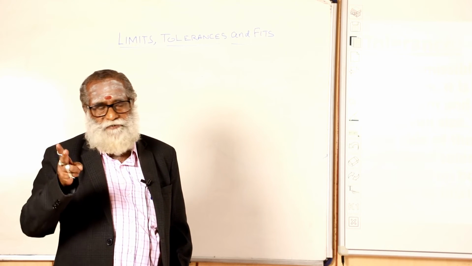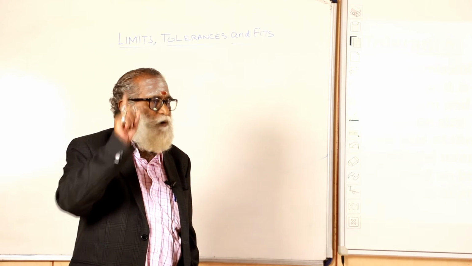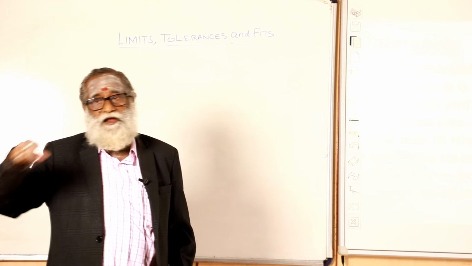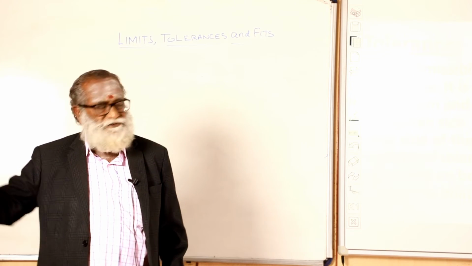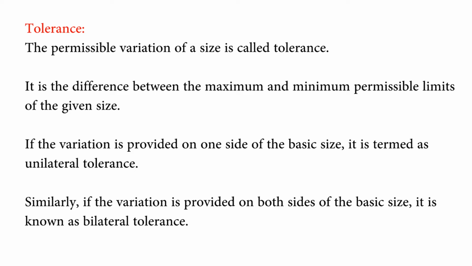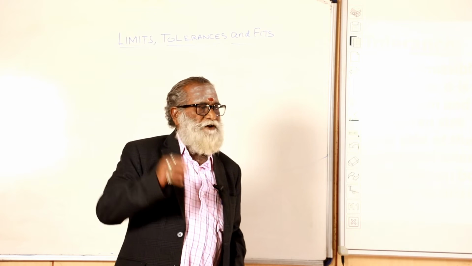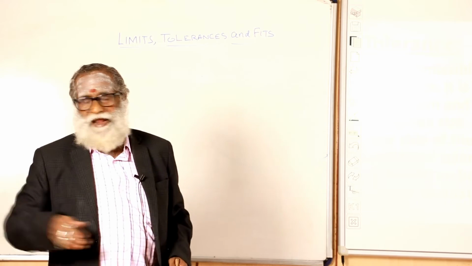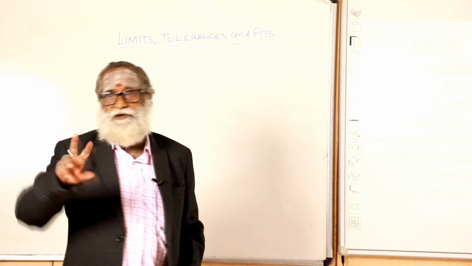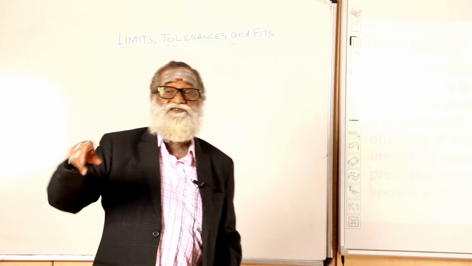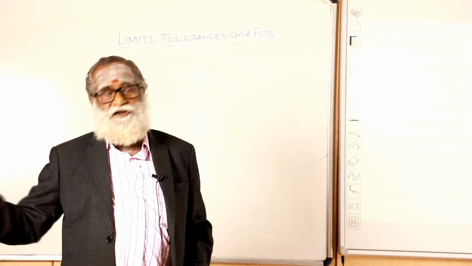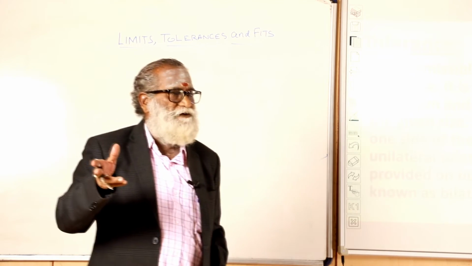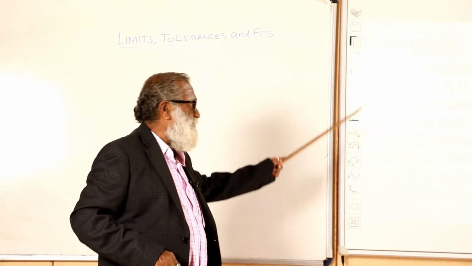Not two dimensions, only one value, it may be a plus value or a minus value. Suppose you give both sides, plus 0.05 and minus 0.03, then it is called a bilateral system. On two sides you are giving a plus value as well as a negative value. We will go into detail on this afterwards, not now.